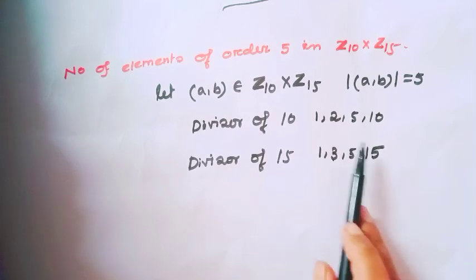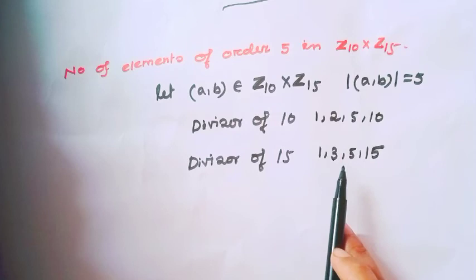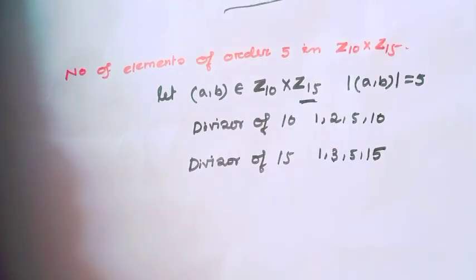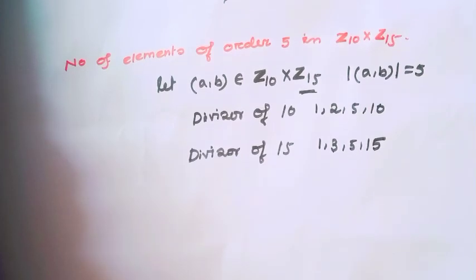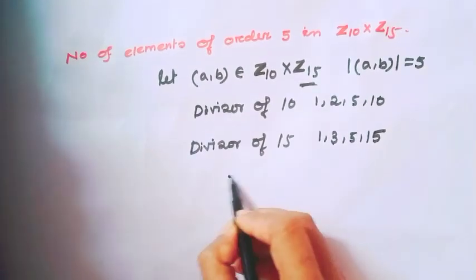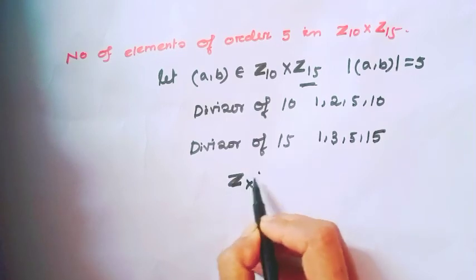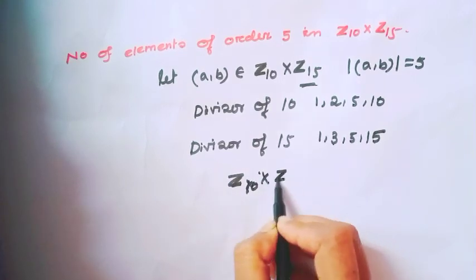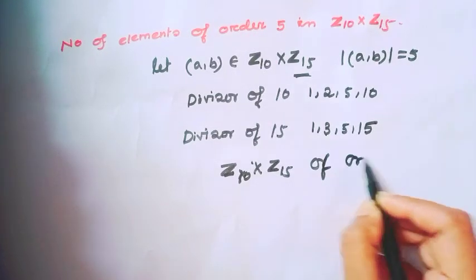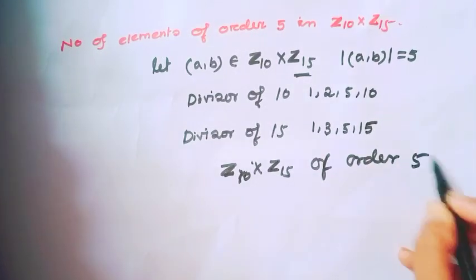That means these orders of element are possible in Z15. Are you getting? Now we have to show how many combinations exist in Z10 direct product Z15 of order 5.